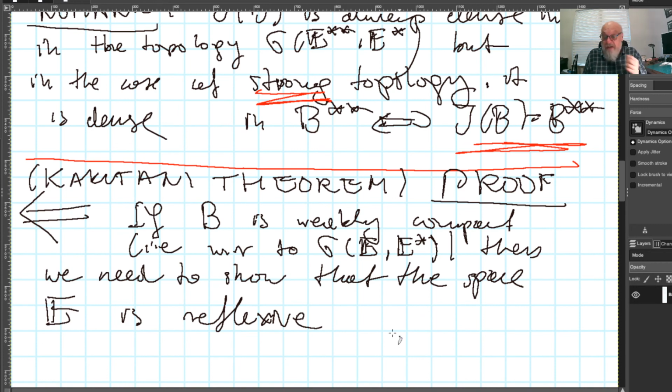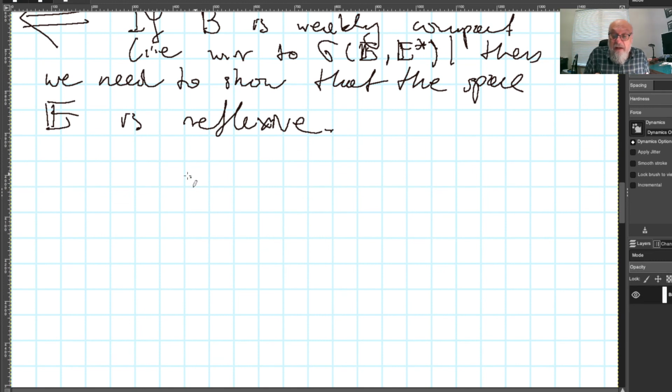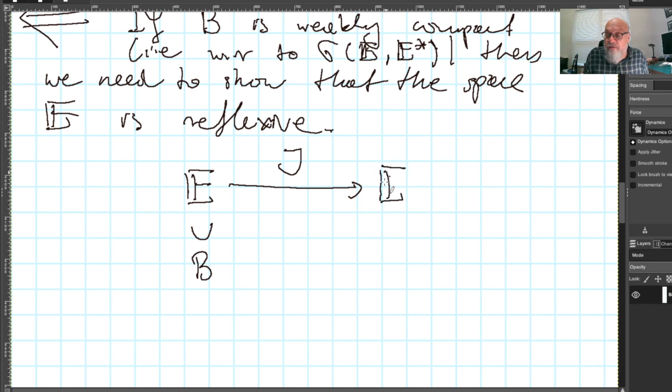So how are we going to do it? Again, here comes a similar picture. Here is the space, here we have the compact set B, and here we have the duality map J. And the duality map goes where? It goes to E double star. That's the duality map.